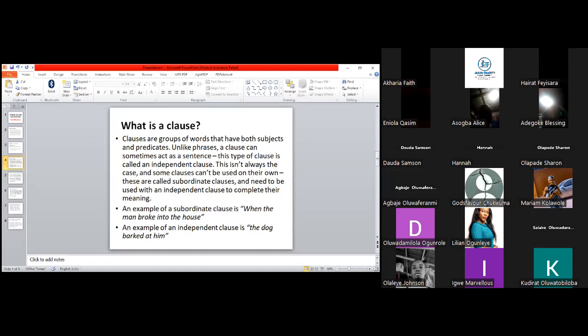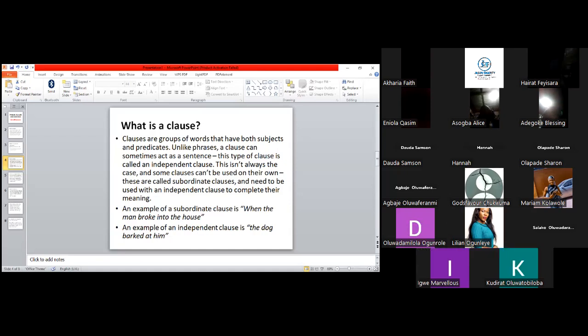Okay. So now we said, unlike phrases, a clause sometimes acts as a sentence. So which means there are some situations where you can use a clause to represent a sentence. Now, by the time we get to the bottom of all this, we'll know why we are trying to differentiate a phrase from a clause and a clause from a sentence. But what we're trying to say about the clause is this, that as much as a clause is an independent grammatical structure, it can also be used as a sentence, but not in all cases.